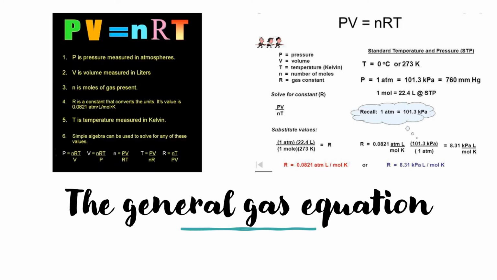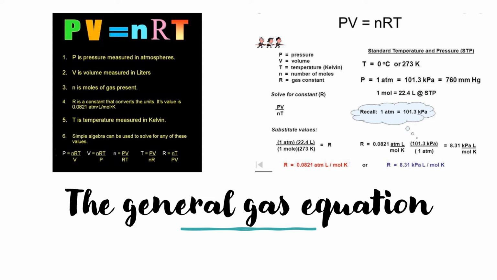And we come to the general gas equation or ideal gas equation. You know this: PV equals nRT. P is pressure, V is volume, n is the number of moles, R is the gas constant, the value is 0.0821 in units of atm liter per mole Kelvin, or R can be 8.31 kilopascal liter per mole Kelvin.